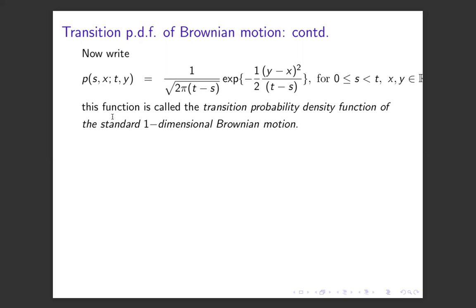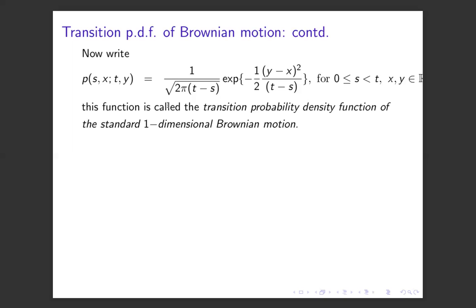So for example, if A is a Borel set and you integrate this with respect to Y over the set A, let us say A is an interval (a, b), then the integral from a to b of this dy, you are integrating in this variable.